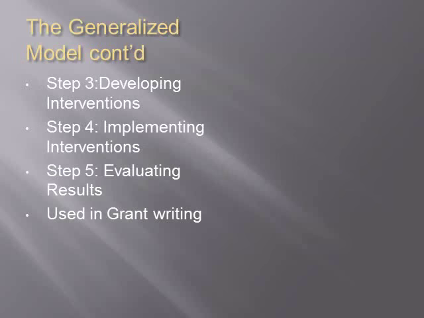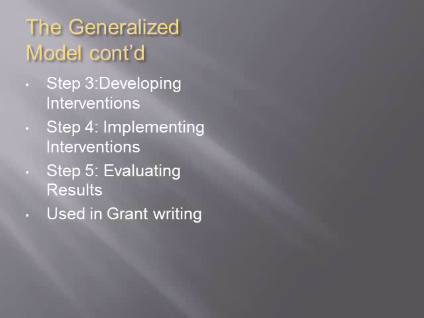The developing intervention step of the generalized model revolves around creating programs from the gathered data and from the health educator's goals and objectives. The interventions will address the health education issues presented from the previous 2 steps and focus specifically on improving the priority population's health in some way or form.